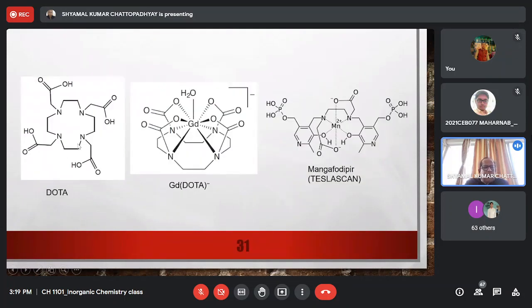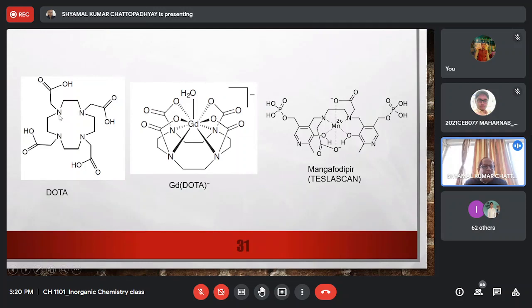Or we can have another ligand, almost similar, called DOTA. Why DOTA? Because it is a 12-membered ring, so dodecane. DO stands for dodecane, and it is tetraacetic acid. So we have 1, 4, 7, 10 tetraaza. There are 4 nitrogens, tetraaza dodecane, and then we have the tetraacetic acid.